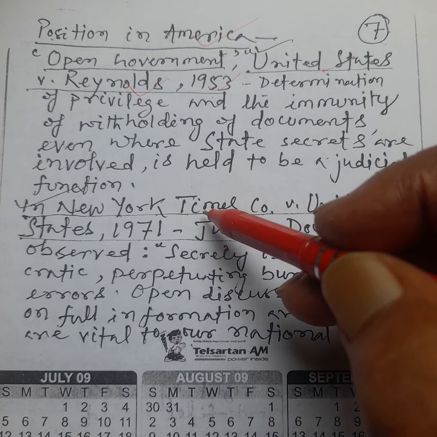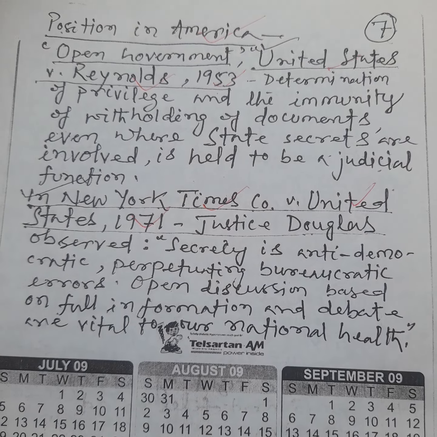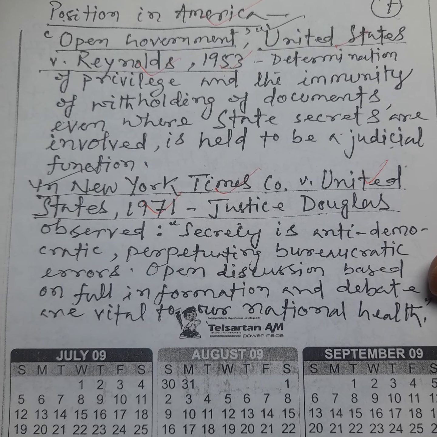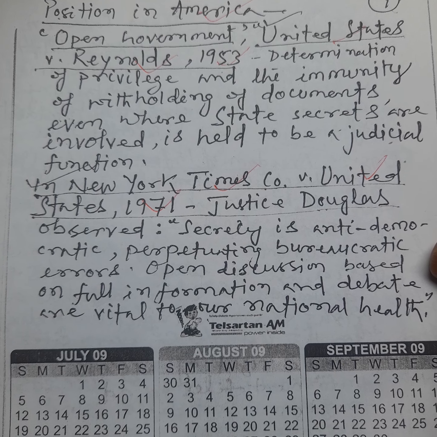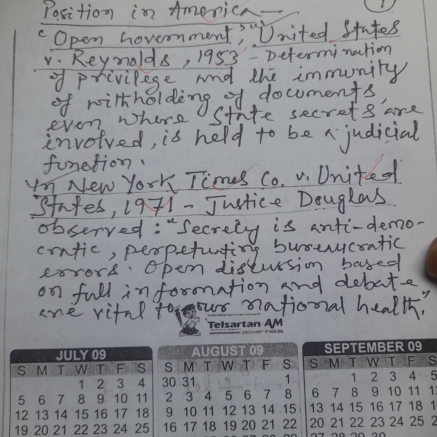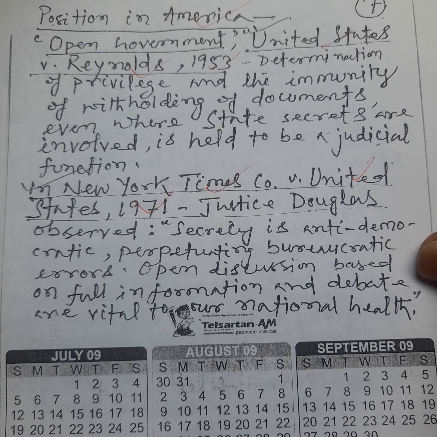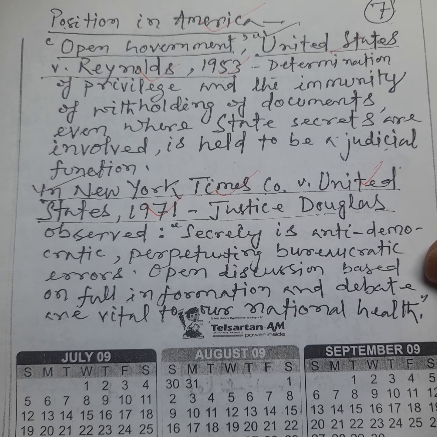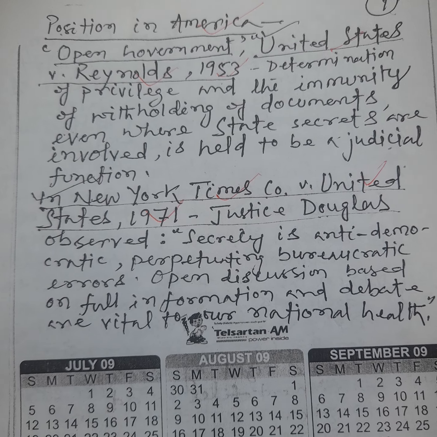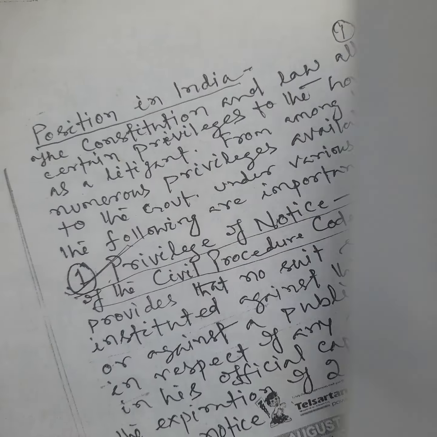So, in New York Times Company versus United States in 1971, Justice Douglas observed that secrecy is anti-democratic, perpetuating bureaucratic errors. So, open discussion based on full information and debate is vital to the national health.